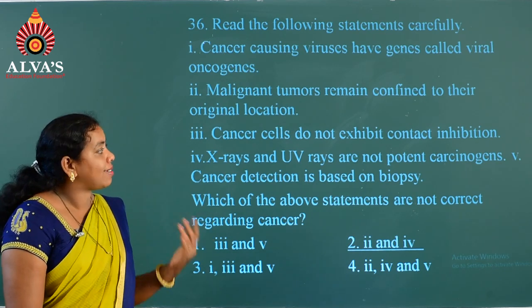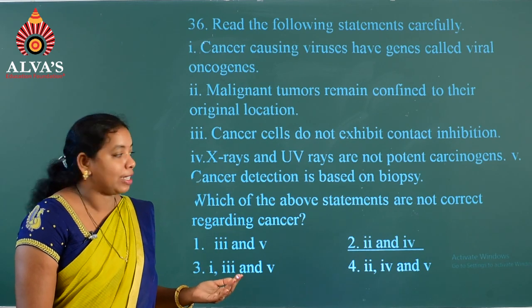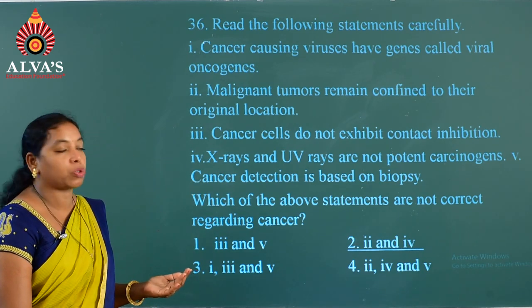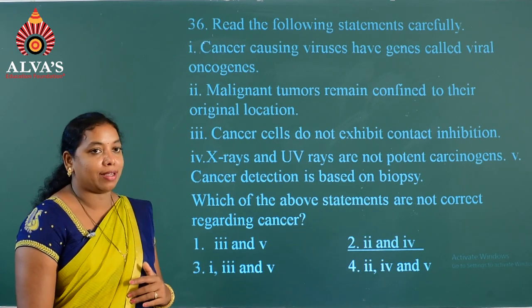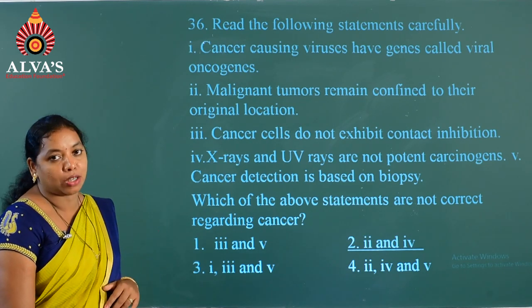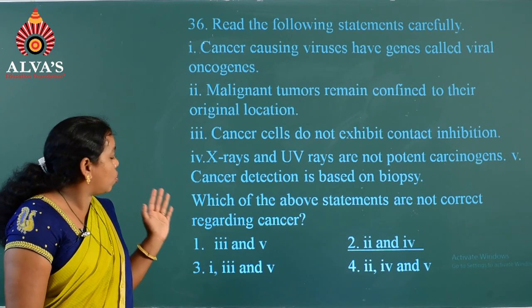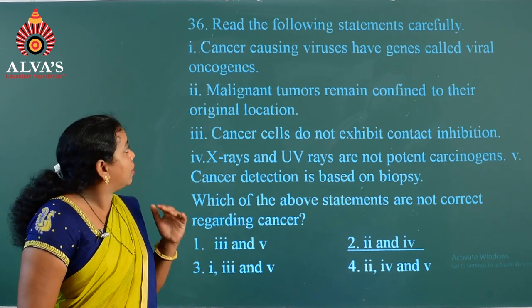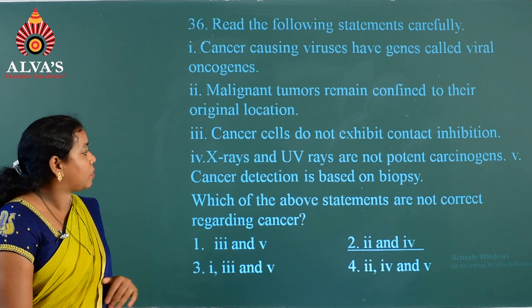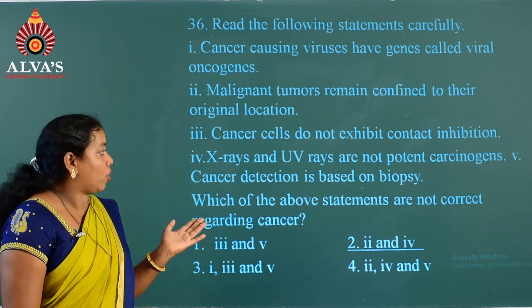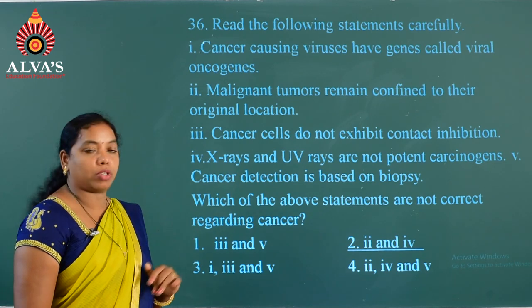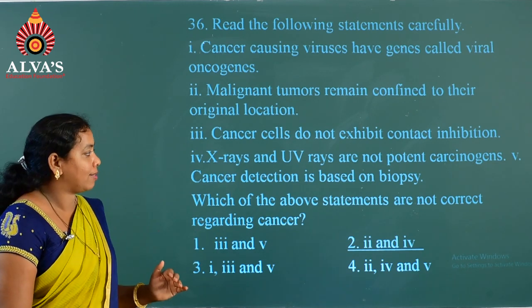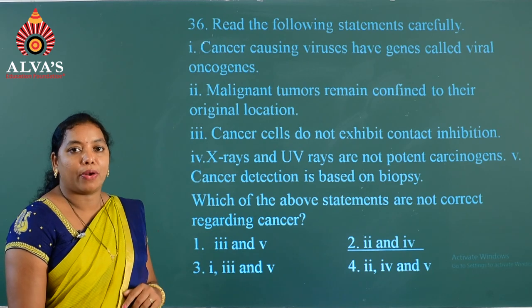Third one, cancer cells do not exhibit contact inhibition. Yes, they do not exhibit contact inhibition. And fourth one, X-rays and UV rays are not potent carcinogens. If you consider the fourth option, we can see that this is also not correct. Here we have to identify which statements regarding cancer are not correct.